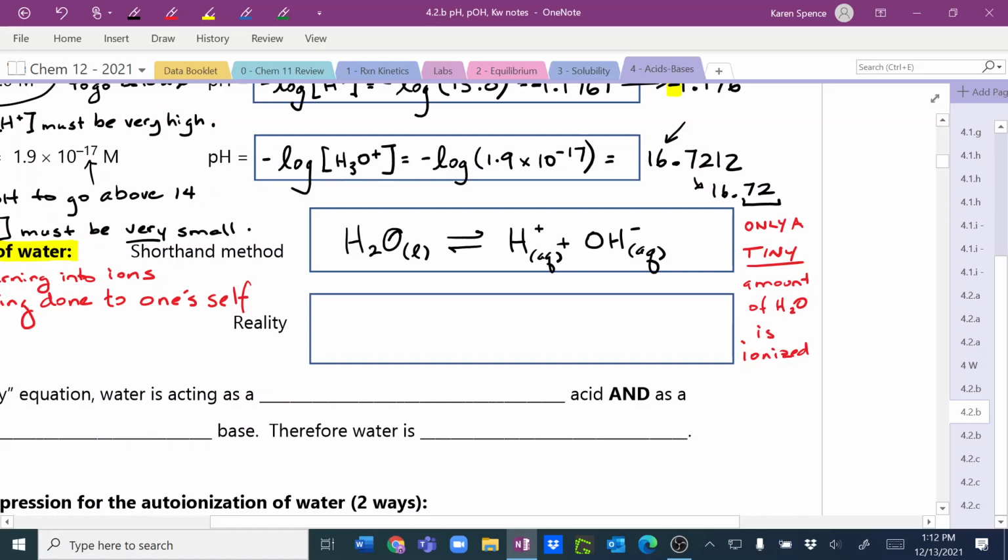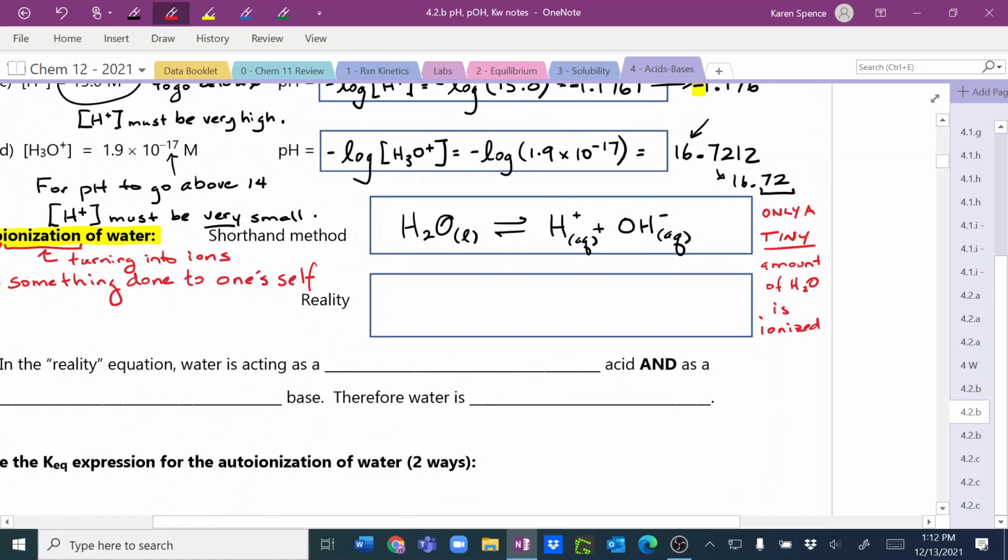In reality, water acts as a Bronsted-Lowry acid, and it also acts as a Bronsted-Lowry base. And what does it mean if it can act as a Bronsted-Lowry acid and a Bronsted-Lowry base? It is amphiprotic.